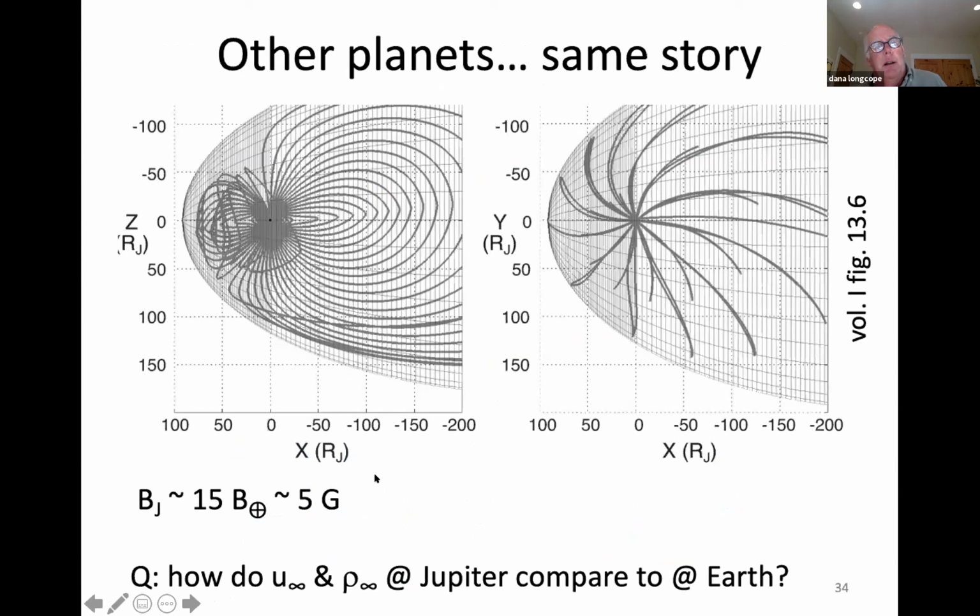And just to talk about some other planets, the magnetosphere of Jupiter works exactly the same way. So you have a big magnetic field, and it's actually 15 times the strength of the Earth at the surface. However, it's a bigger planet. Now the question is how the speed of the solar wind has changed and how the density has changed.